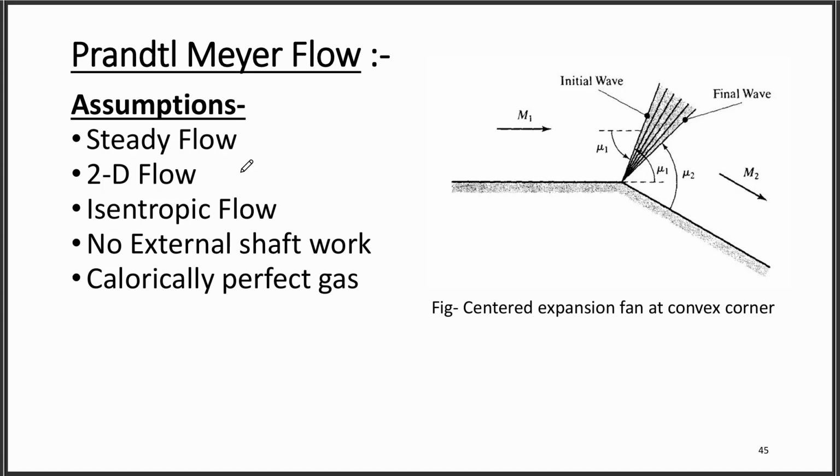So there are some assumptions: flow is steady and it is isentropic flow. For normal shock and oblique shock it was not isentropic, but here flow will be isentropic. There is no external shock wave, and it is a calorically perfect gas case.